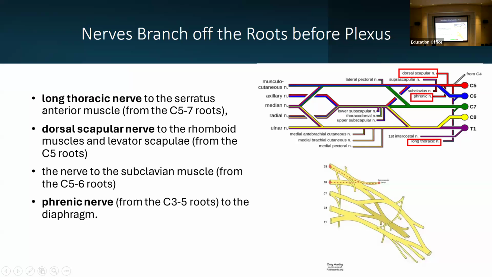There is the long thoracic nerve, which supplies the serratus anterior muscle and comes from the C5 to C7 roots, and the dorsal scapular nerve, which supplies the rhomboid and levator scapulae and is from the C5 root, and the phrenic nerve, which supplies the diaphragm and is from the C3 to C5 roots. There are some nerves that come directly from the trunk as well, but I will not mention them here due to the time limit.